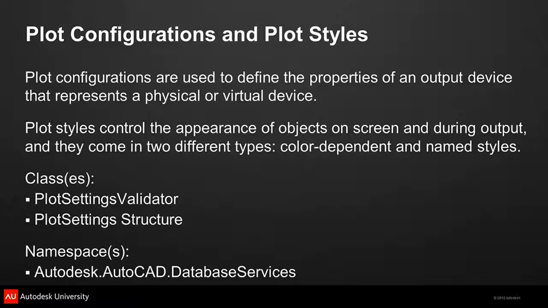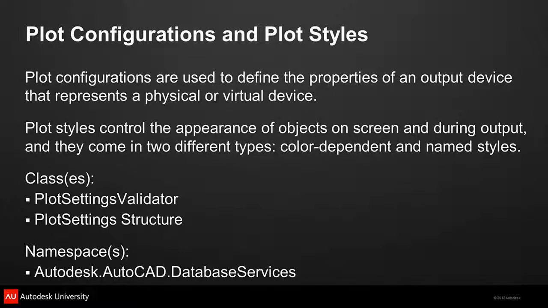So as you write your code, if you're going to create your publish overrides and stuff like that, you need to know which one it happens to be, and that's part of the drawing database. The plot settings validator allows you to validate your plot settings that are being assigned to a page setup. You don't go directly and assign a PC3 file to a specific property that's assigned to your layout.